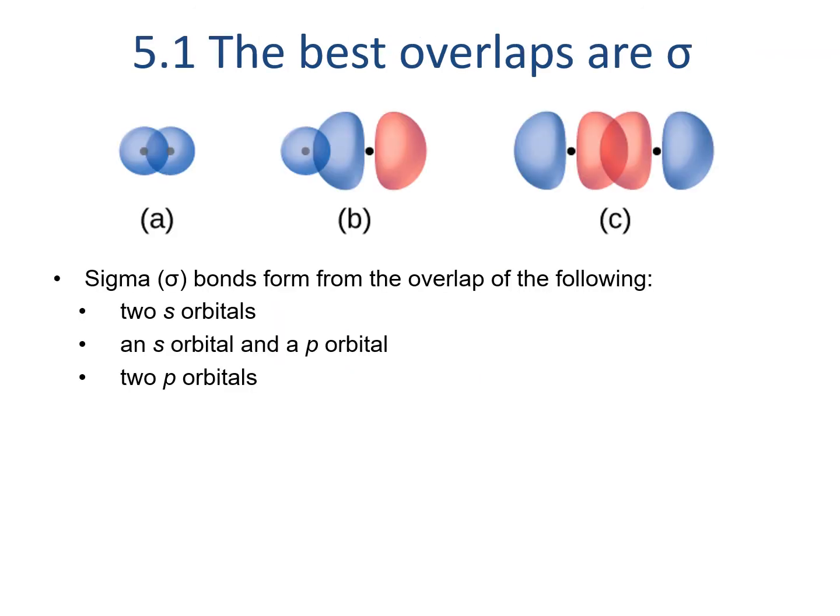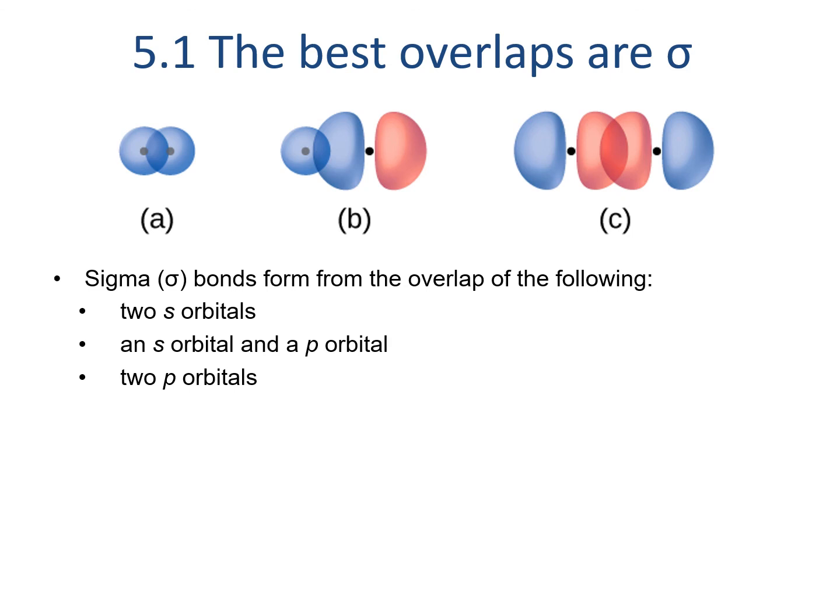There are many ways that we can get this relatively direct overlap, which we call a sigma overlap, to form what we call a sigma bond. In fact, this is the only type of overlap possible for s orbitals, which is convenient because sigma is the Greek letter s.